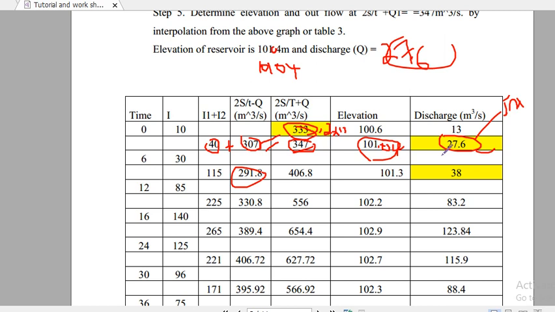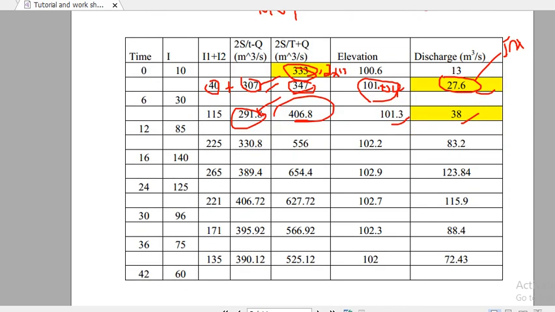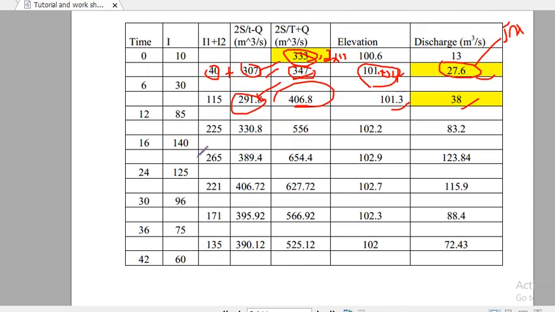By subtracting 2 times this amount of discharge from this value, we get 291.8. So by summing up, 115 plus 291.8 is equal to this value. So by using this, we can get this and this value. These processes should proceed until the end of the inflow hydrograph.